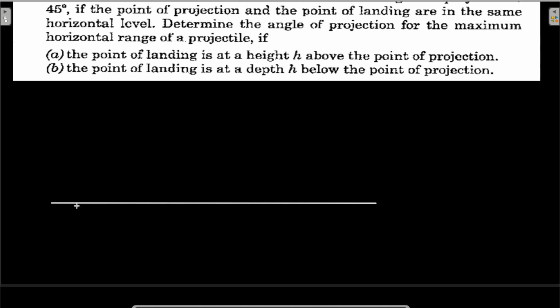So the initial velocity should be like this. Sorry, this is the initial velocity scaled by tau.